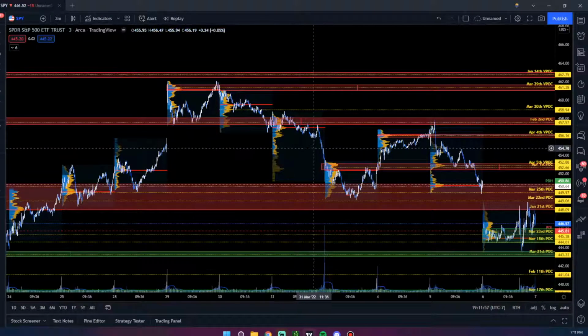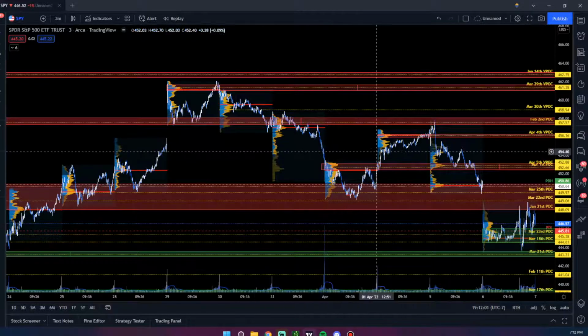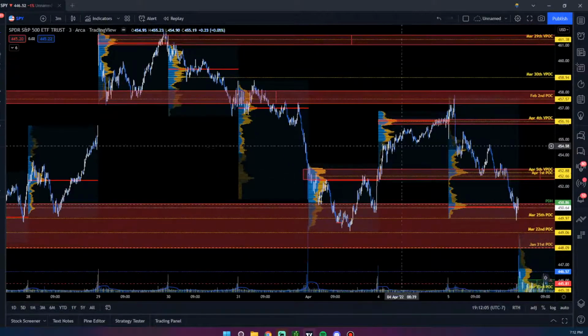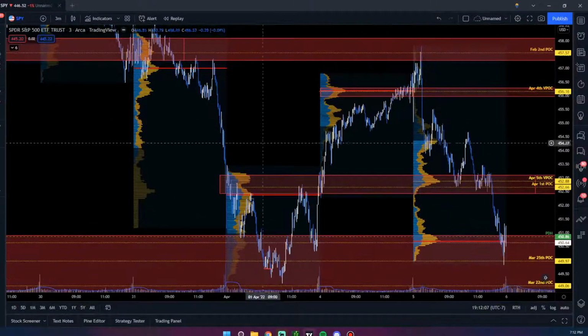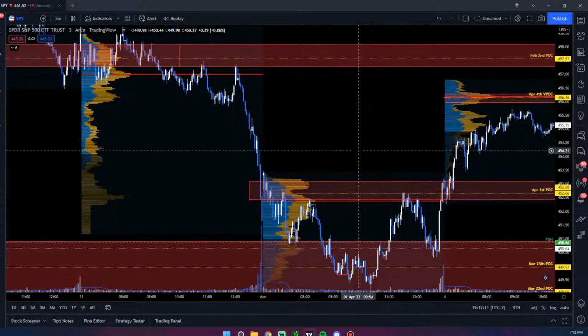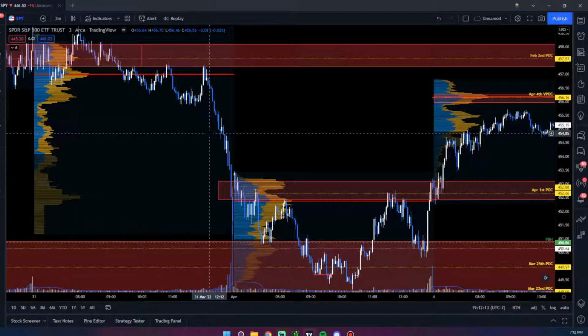So I have to have taken it off. I know there has to be a POC in this area right here. But if I go over to TOS, I guarantee you I can find a POC that's right around this area.